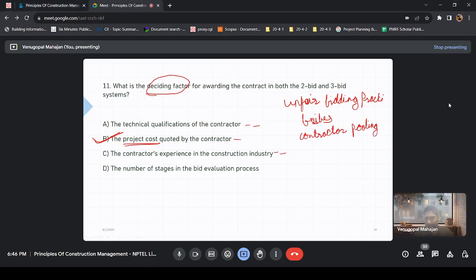Political connections. Can you please repeat it? Political connections. Okay. Anything else?